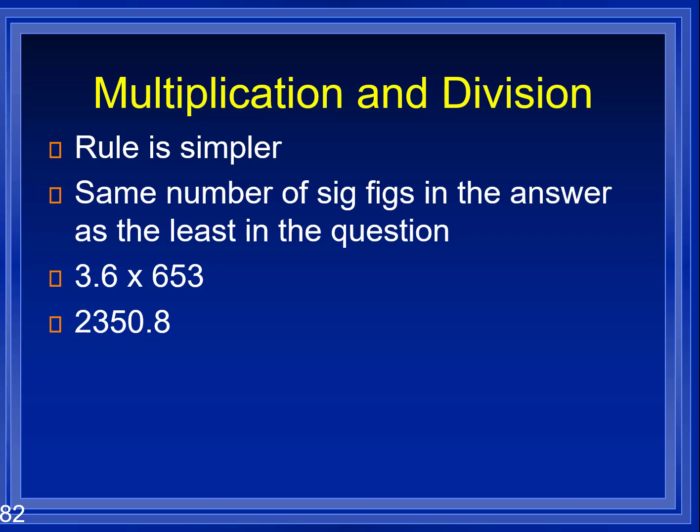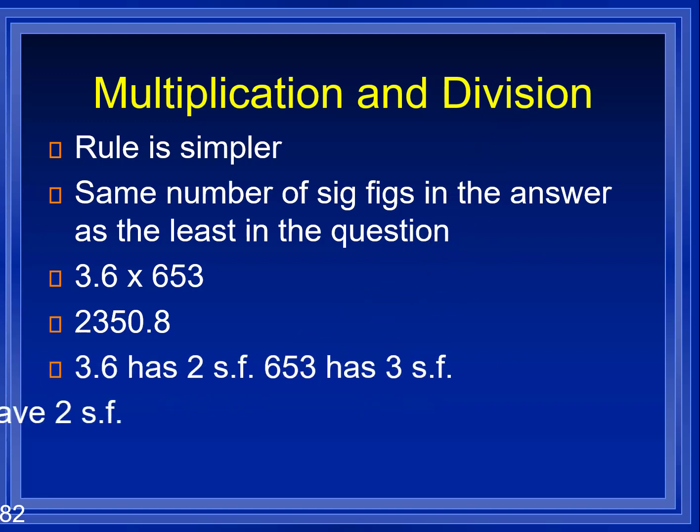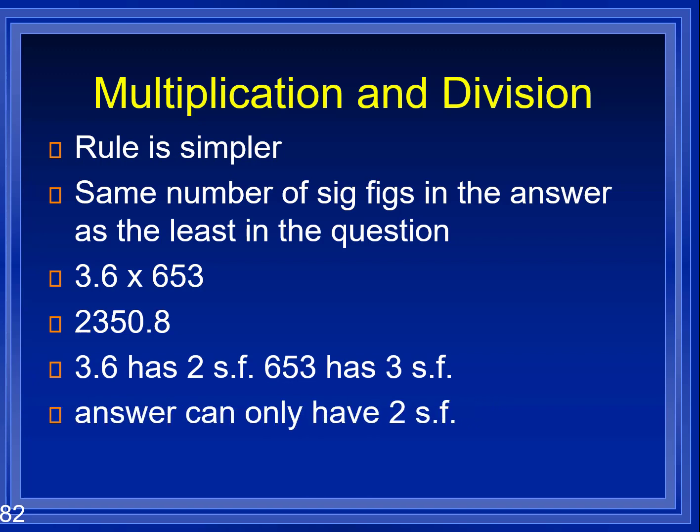Okay, how many sig figs in 3.6? 2. How many in 653? 3. Which of those numbers is smaller? 2. 2 is smaller than 3. The answer can only have 2 sig figs. And the second sig fig is the 3. After that 3, there's a 5. Round it up.